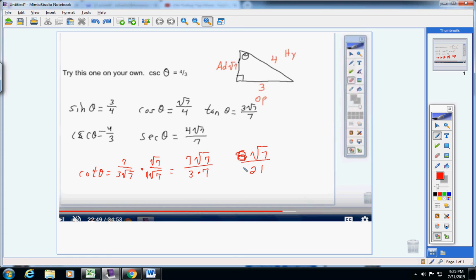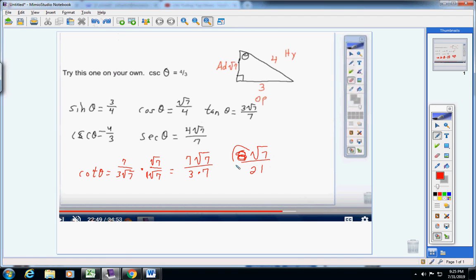Now, if it looked like this, you could definitely reduce the 7 and the 21 because they're both inside numbers. But that's not the case. 21 is not under a radical like this, so you cannot reduce these two numbers here.